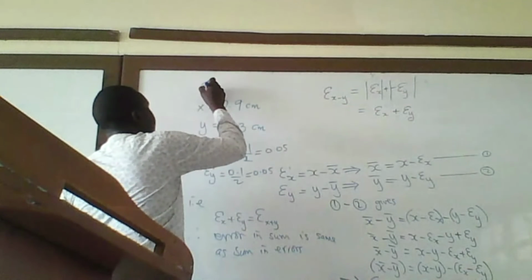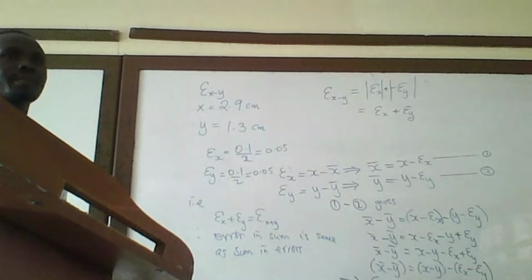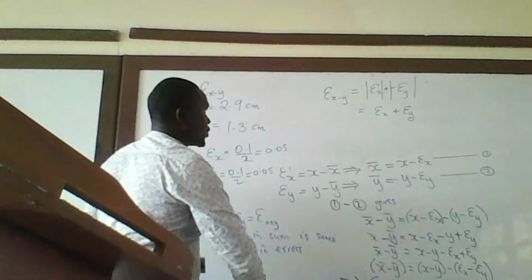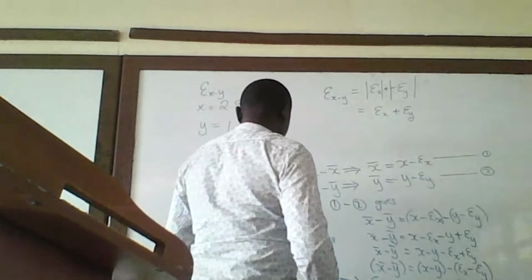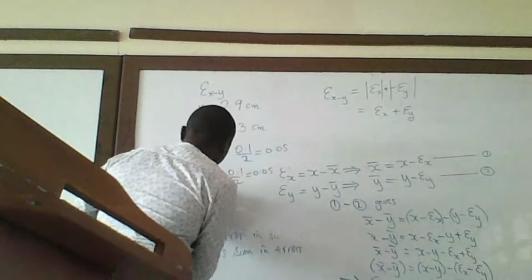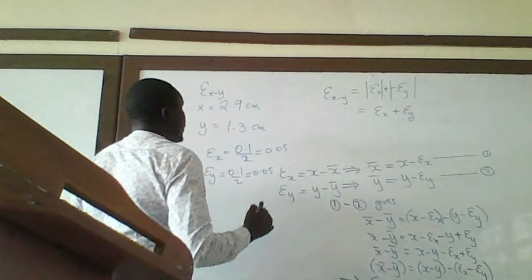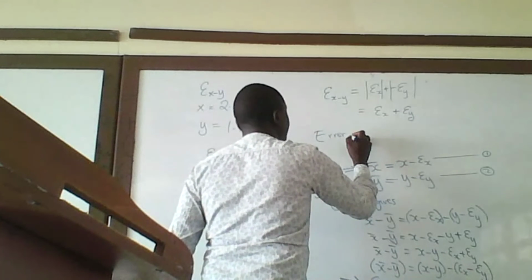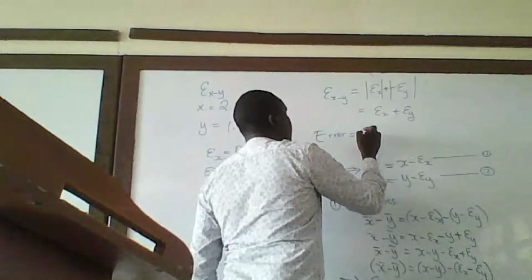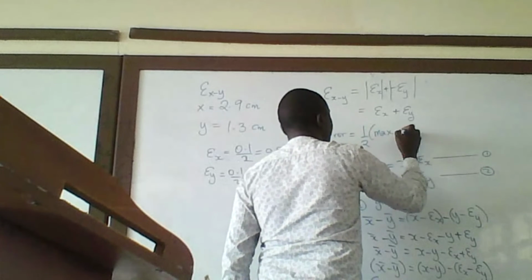Then we want the error in the difference x minus y. If you can recall what your teachers told you in high school, the error is always the average of maximum minus minimum.